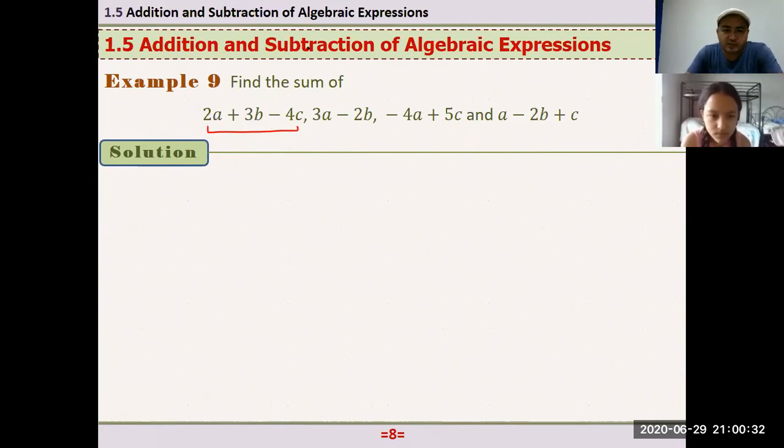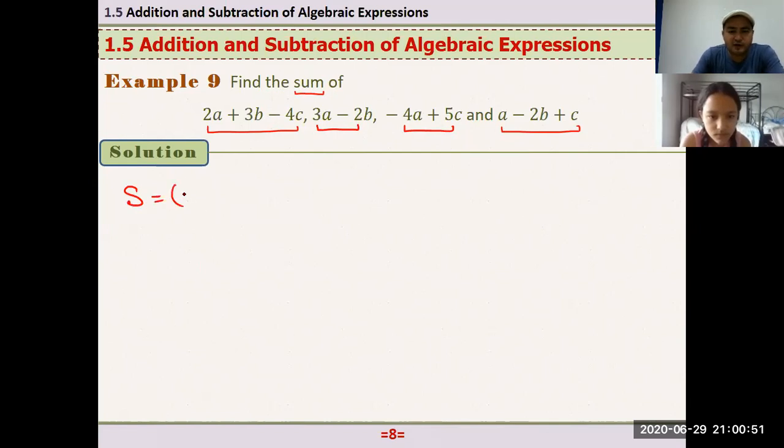Anyway, so actually we have already studied that when we just say sum of something, we have to add those things, right? So it says find the sum of this and this and this and this, right? And let's say the sum is S, okay?